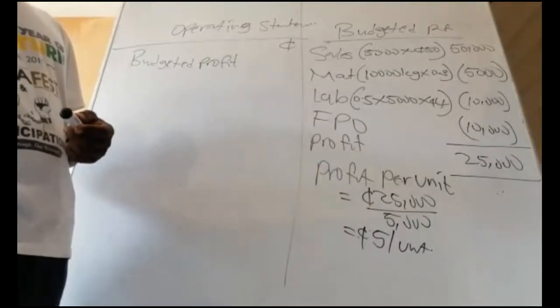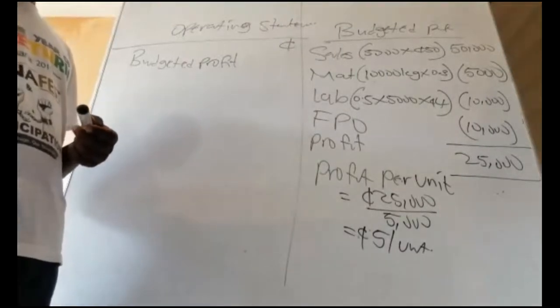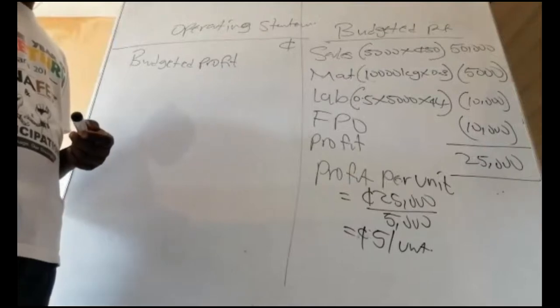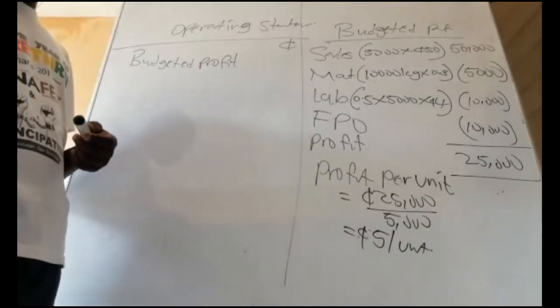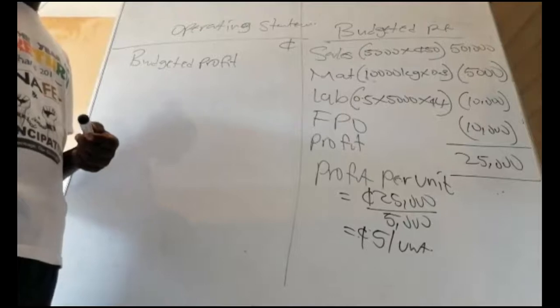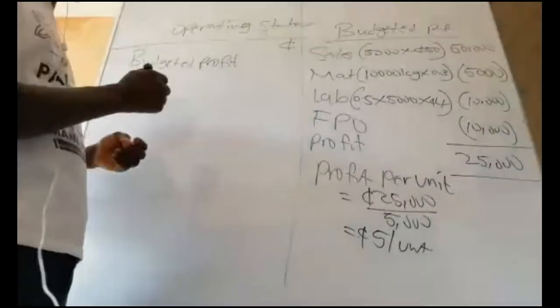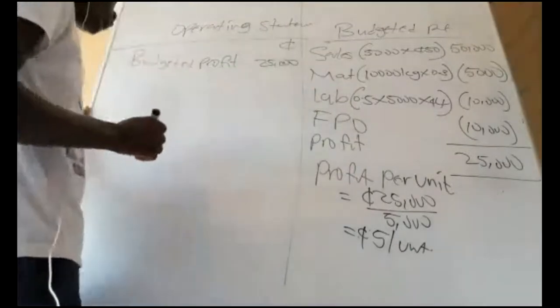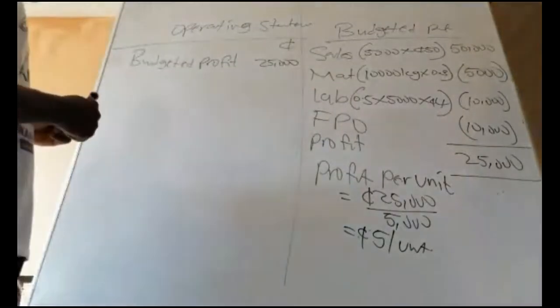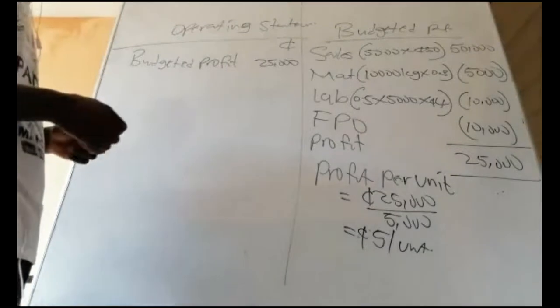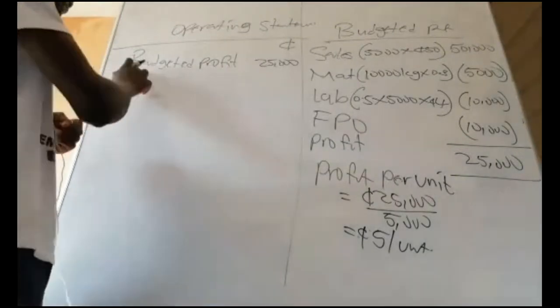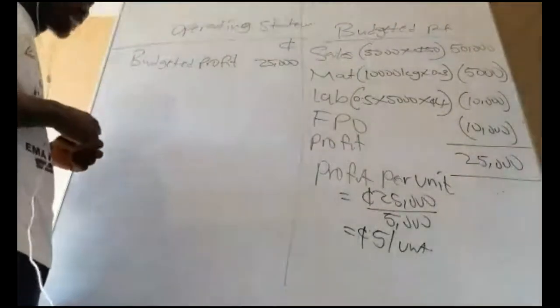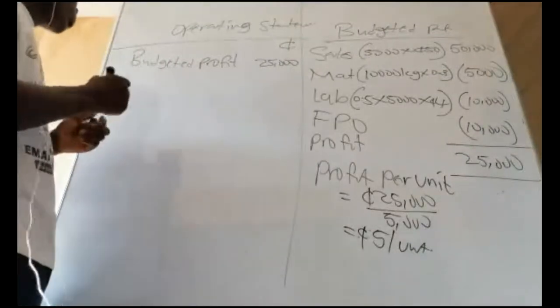Good. And then when we are done, let's put it in. So the budgeted profit is 25,000. Then they start by saying the sales and then the selling price variances.